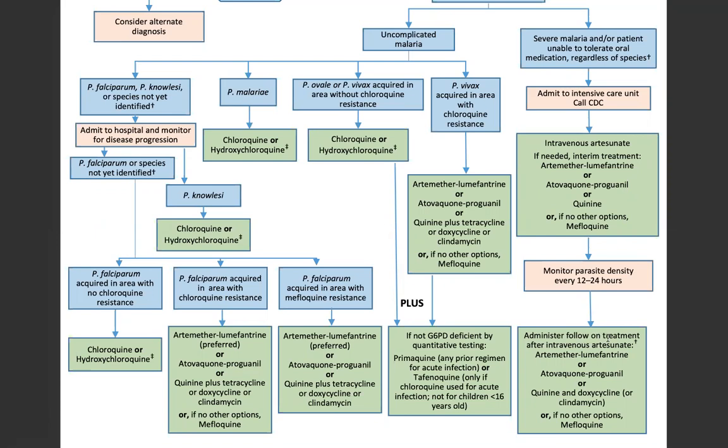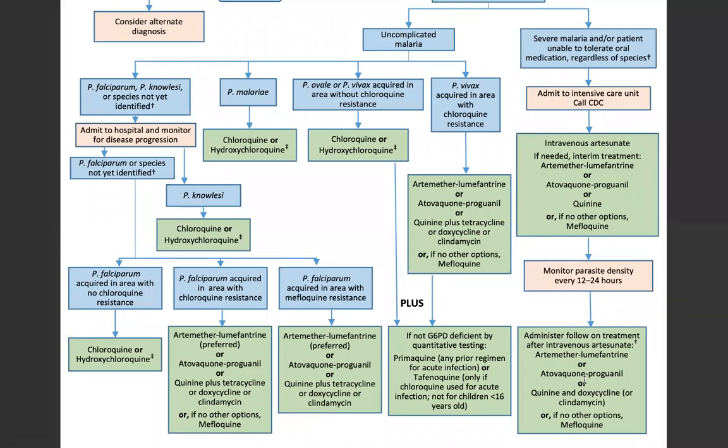Administer follow-on treatment after intravenous artesunate: artemether-lumefantrine, atovaquone-proguanil, or quinine with doxycycline or clindamycin, and the last one is mefloquine. These are the medications used for severe cases. Any species, whether the severe case is from Plasmodium vivax, Plasmodium ovale, Plasmodium falciparum, or Plasmodium malariae.